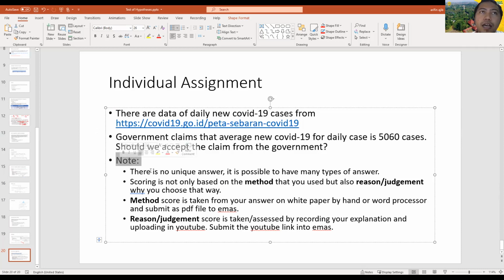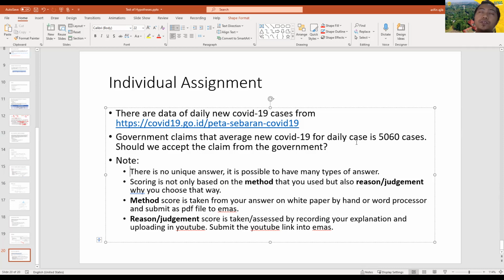And I put a note here. From this problem, there is no unique answer. It means that there will be many answers, so it's not necessary to have the same answer from everyone.